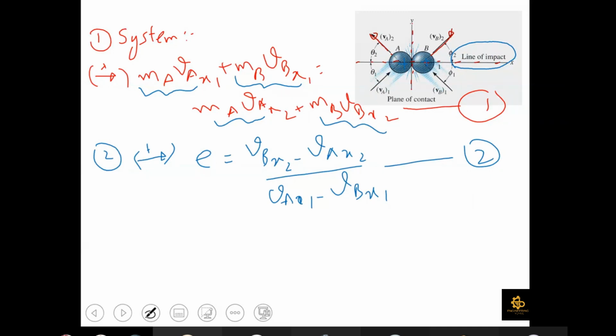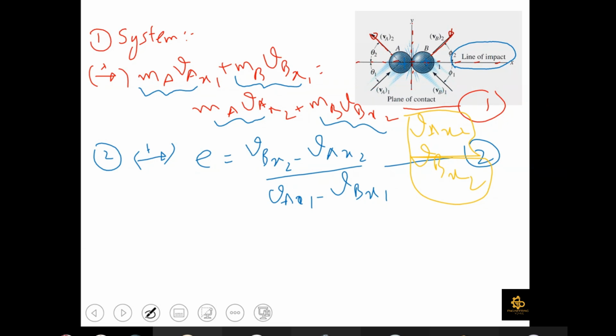The only difference is that instead of complete velocities, you are going to consider only those components of velocities which are along the line of impact before collision and after collision. So once you solve these two equations, you can find the values of the unknowns vAx2 as well as vBx2. So the x components can be determined by solving these two equations simultaneously.